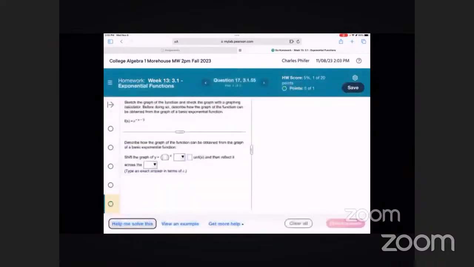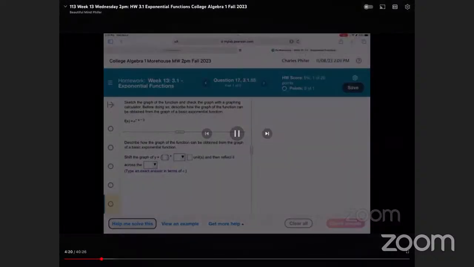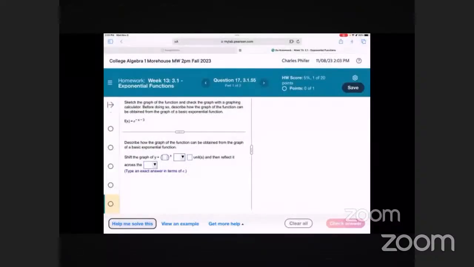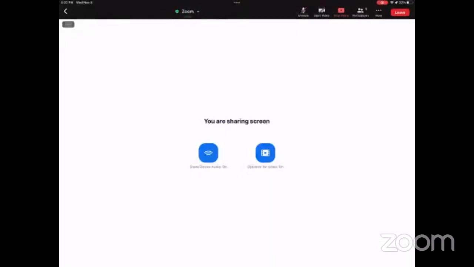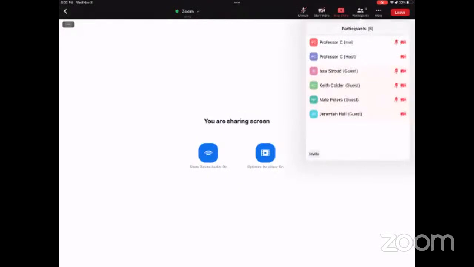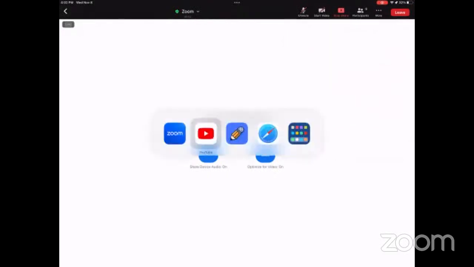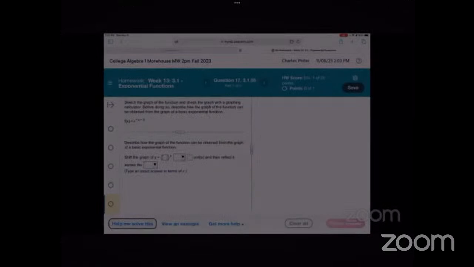Sketch the graph of this, okay? All right. So we have two manipulations at play here. We have an exponential function where we multiply the inside by a negative and we subtracted 3. So shift the graph of e to the x.